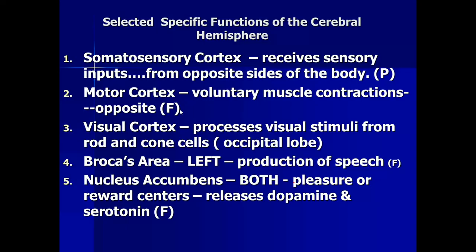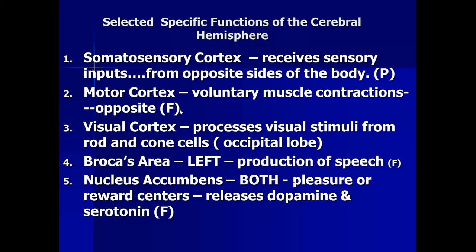I suppose sex as well. And serotonin, in the frontal lobe of your brain. So you need to know the function of the visual cortex, Broca's area, and the nucleus accumbens.